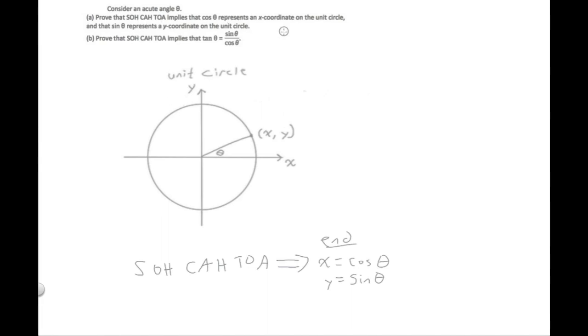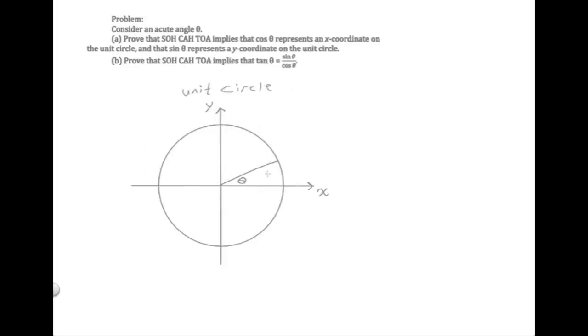Hopefully, as we proceed through this short proof, it'll become clearer to you how to do that and what this task means. We'll call this x-coordinate just x. We'll say x and y are the x and y coordinates here. And let's draw the right triangle since we want to apply this to Sohcahtoa. So if we were going to draw a right triangle, it would look like this. And then what is this distance?